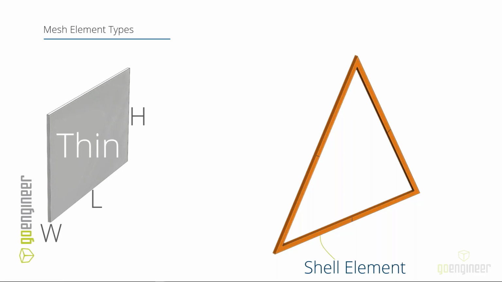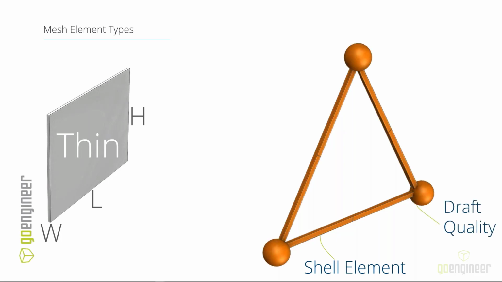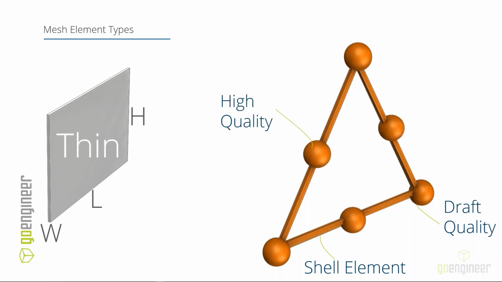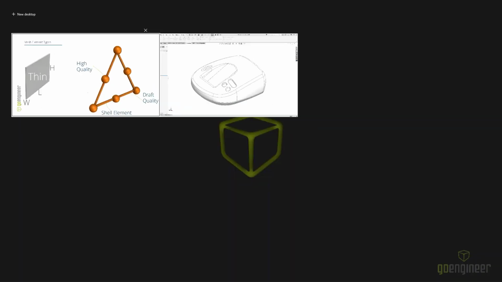That element is a shell element, and what that does is it actually meshes on a surface. We do have a draft quality aspect for that, and we have a high quality as well. The thickness itself is virtual, and that's defined by the user as to what that thickness actually is.